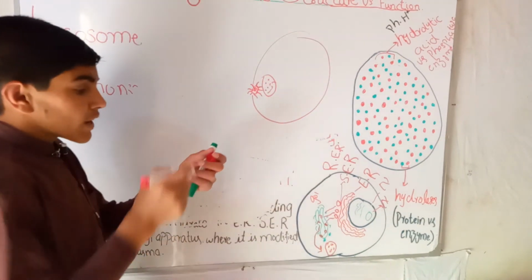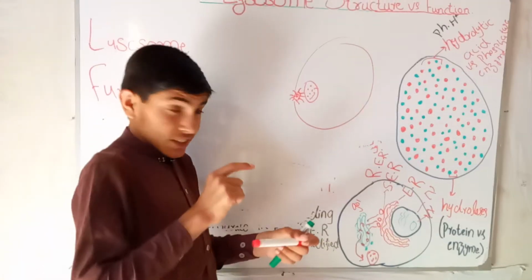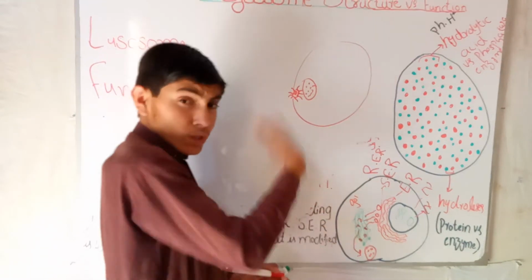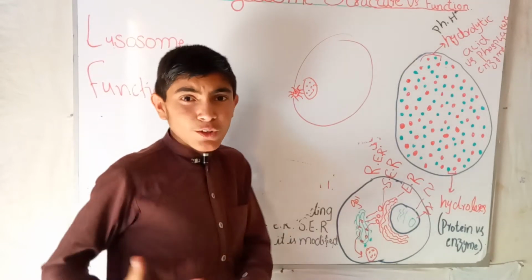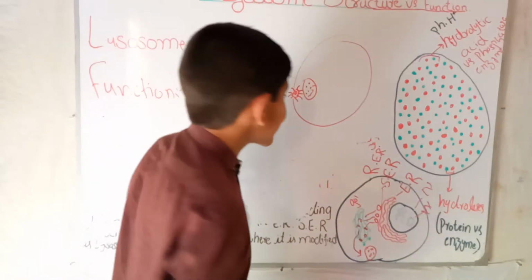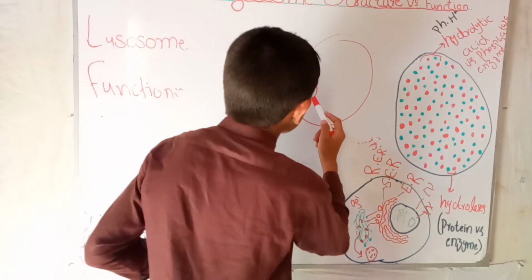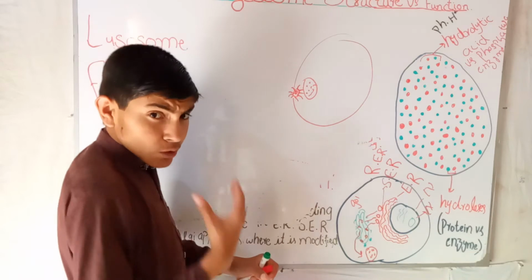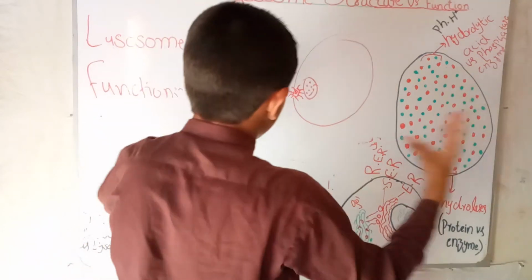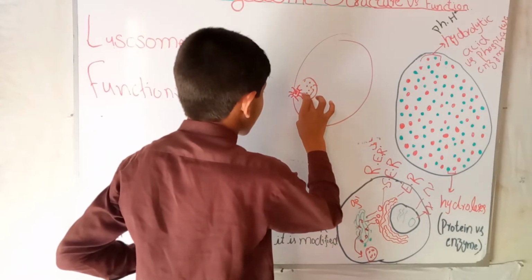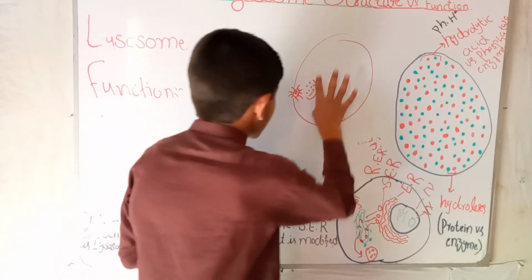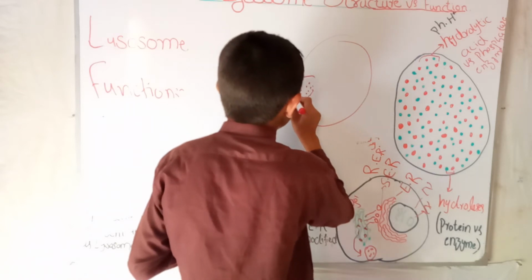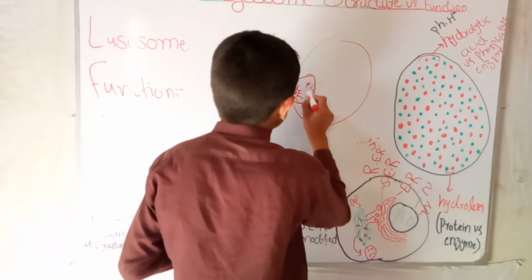Actually, when the coronavirus enters, the lysosome starts fighting with it. When it enters the cell, the lysosome directly starts fighting with it and envelops it, like this. I'm drawing it again, it directly chews the coronavirus.